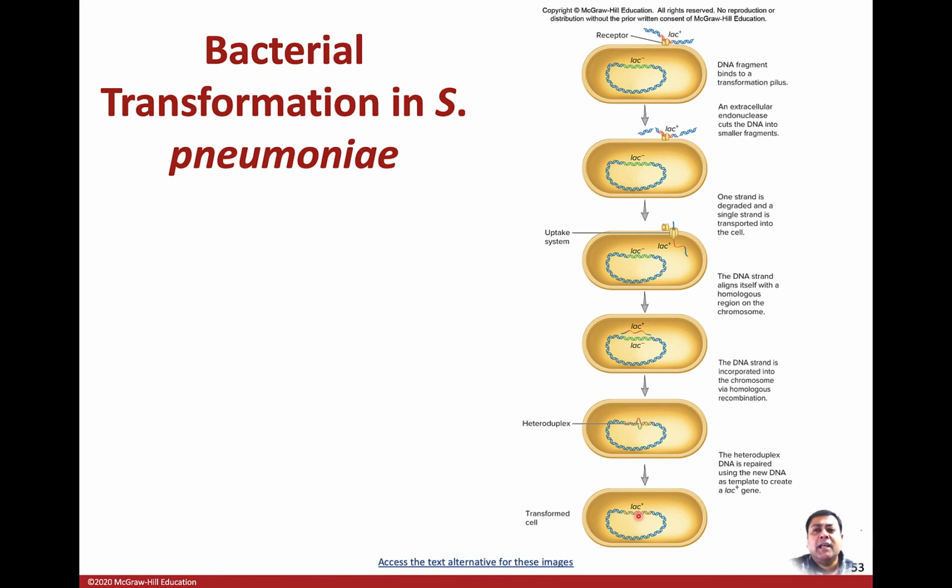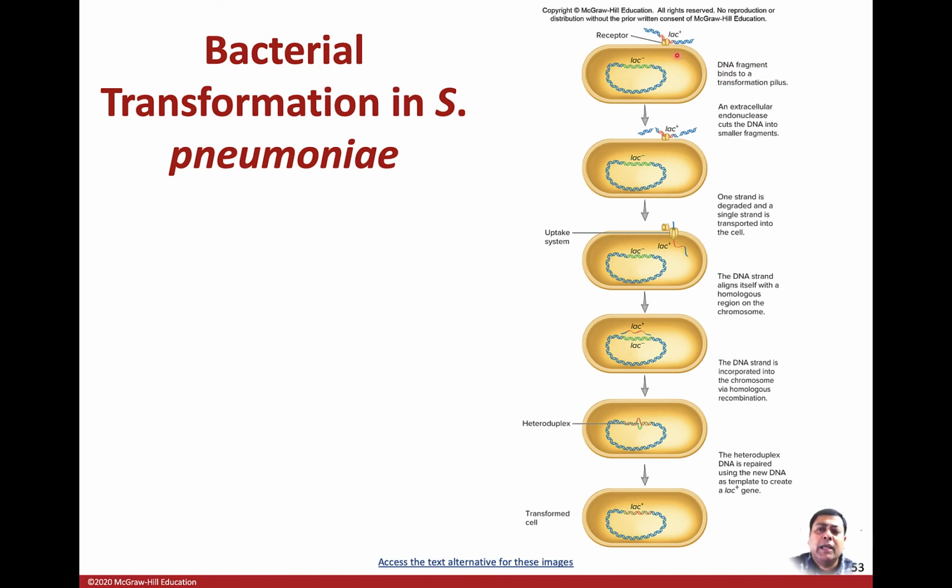A competent cell is one that has the machinery to take up DNA into the cell. Not all the cells are competent. And in the laboratory, we can make the cells competent by chemical treatment to take up DNA, or sometimes by using electrical pulses, we can make the cells competent transiently as well.